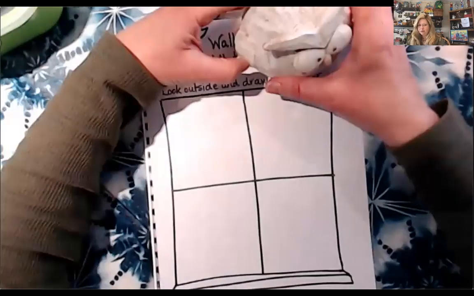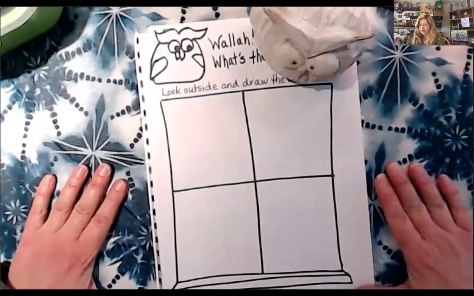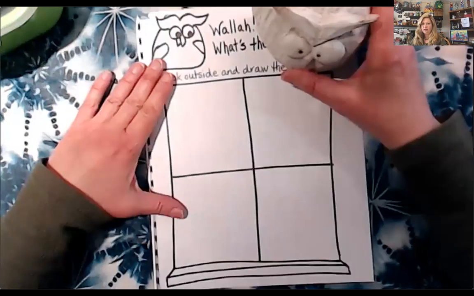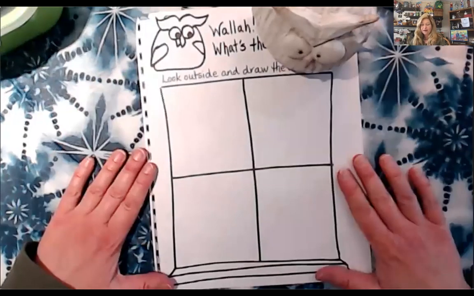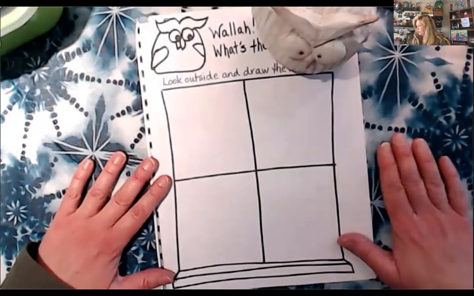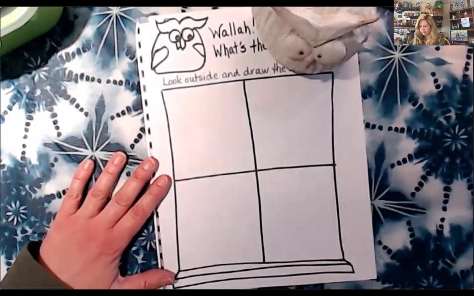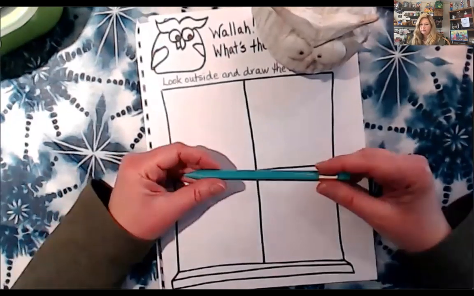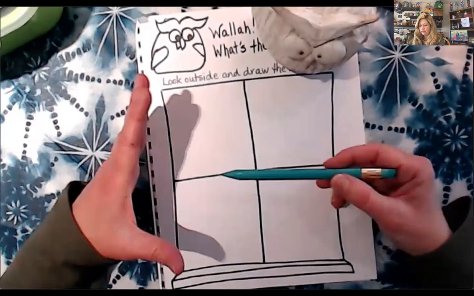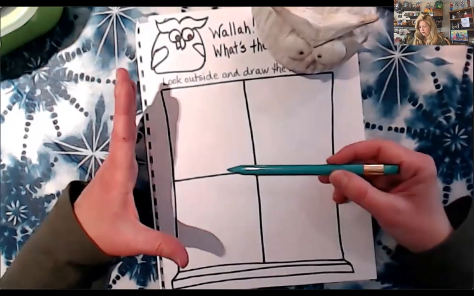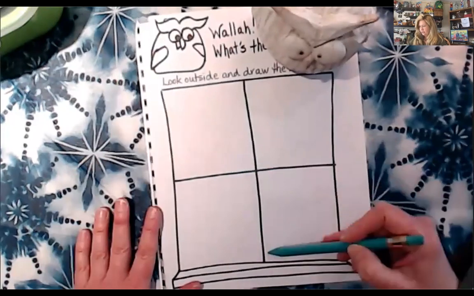All right, so here's my window, and I had just looked at how beautiful it was outside. When you start a picture, you always want to try to use a pencil and begin brushing in some of the lines that are there in the picture.